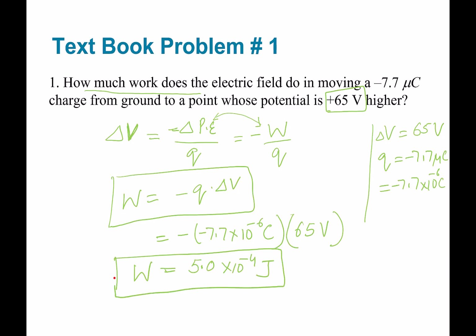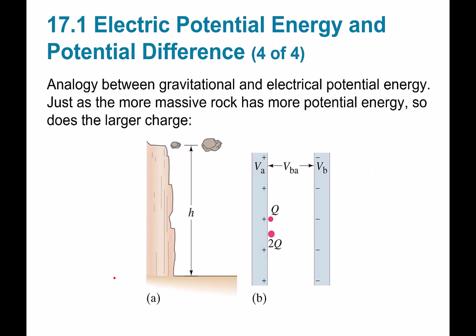Next comes the analogy between the electrical potential energy and the electrical potential difference, which is very important to understand. To better understand electrical potential, let's compare it to the gravitational case, when a massive rock falls from the top of a cliff.